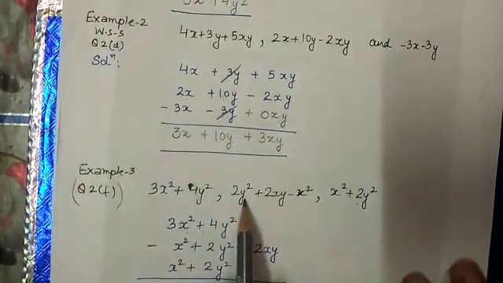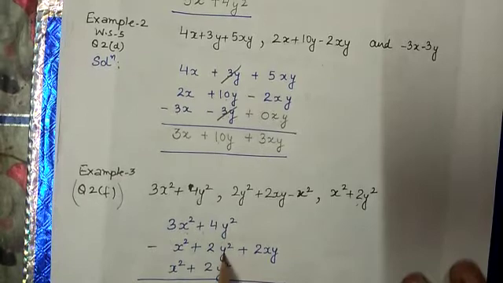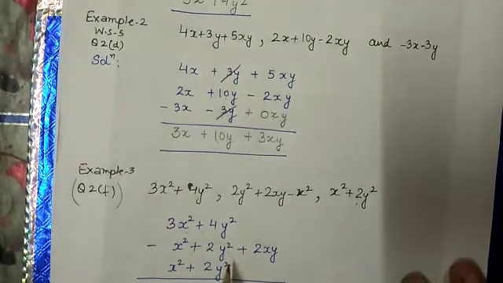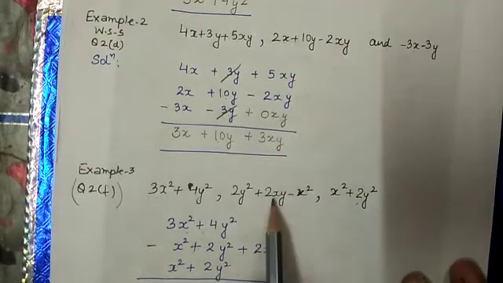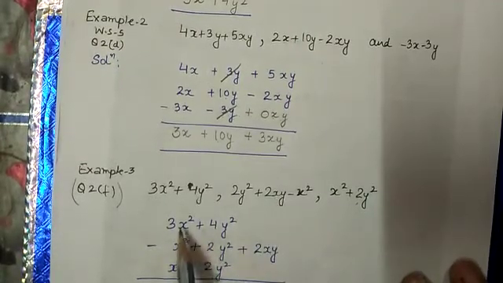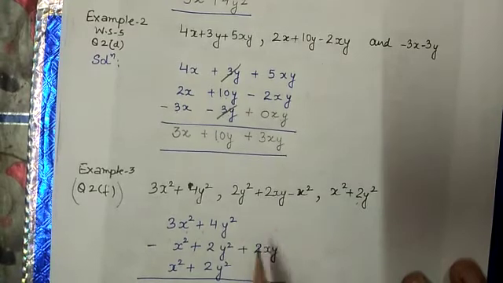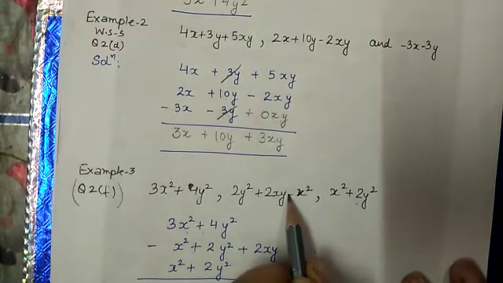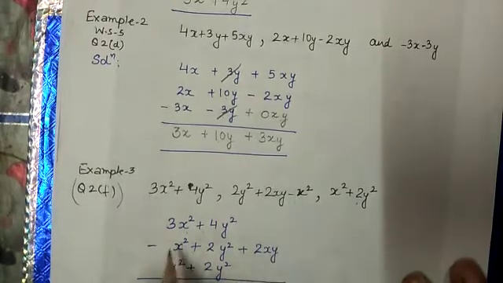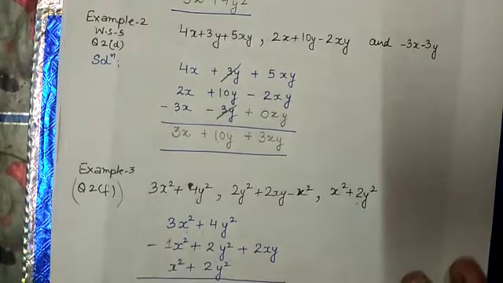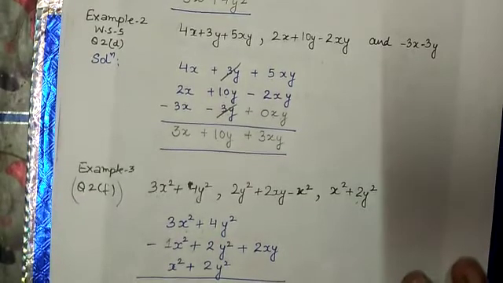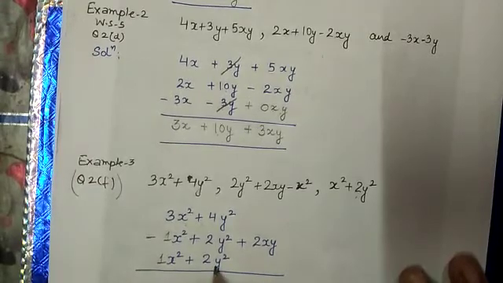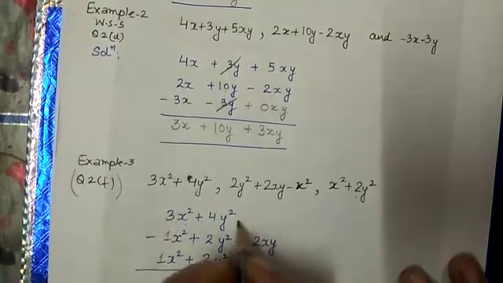I will write this 2y square below 4y square because addition is possible of like terms. Then 2xy, there is no xy variable, so write it in a separate place. Then minus x square, it means 1x square.